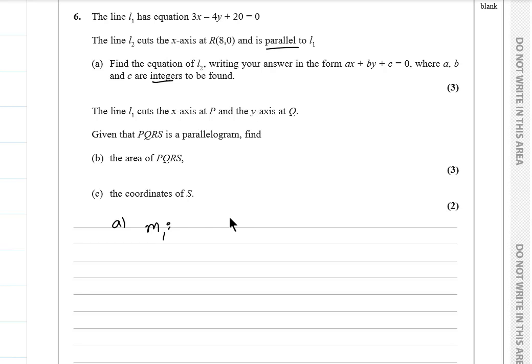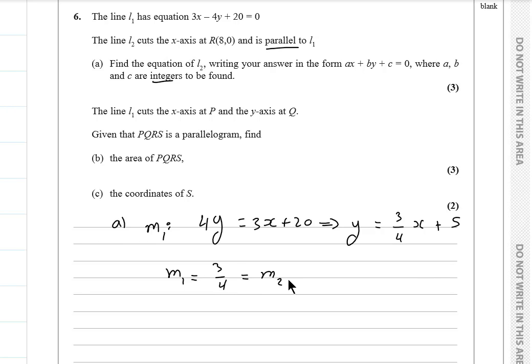So we can write it as 4y equals 3x plus 20, and then dividing by 4, we have y equals 3 over 4 x plus 20 over 4, which is 5. So the gradient here is 3 over 4, and it will be the same as m2 because L1 is parallel to L2, right?